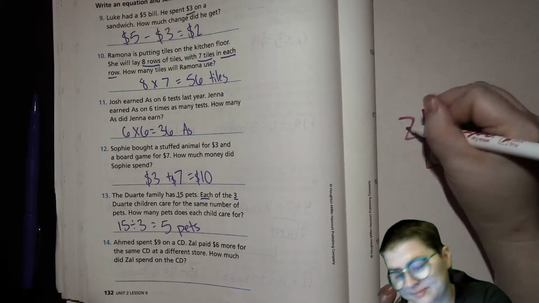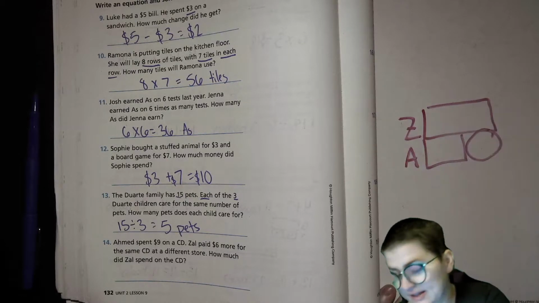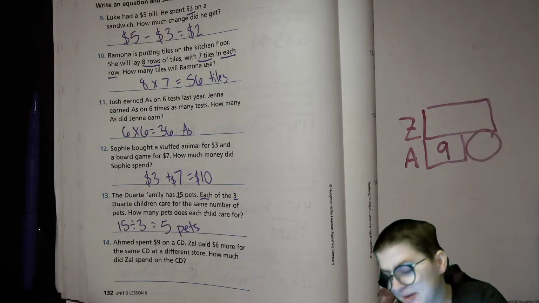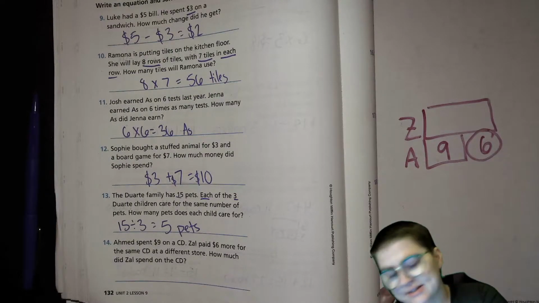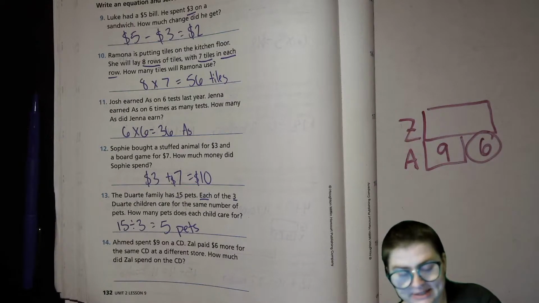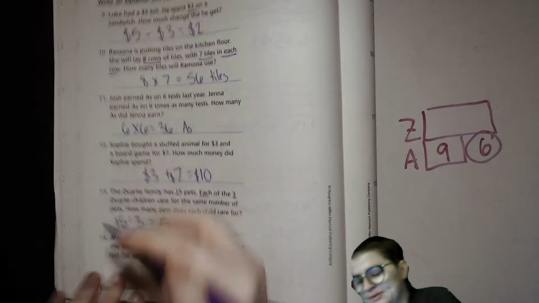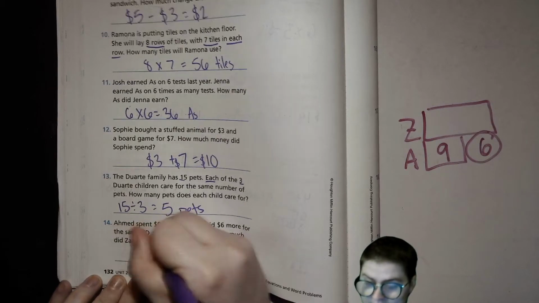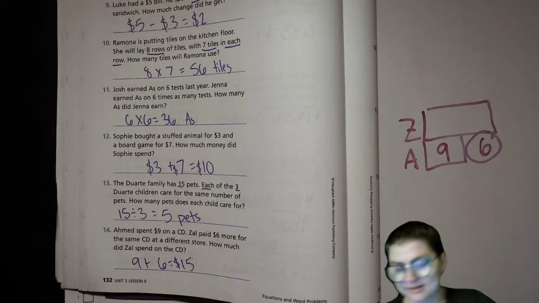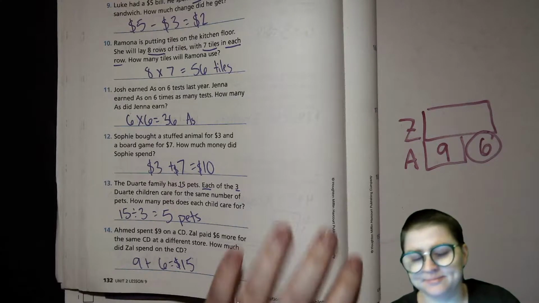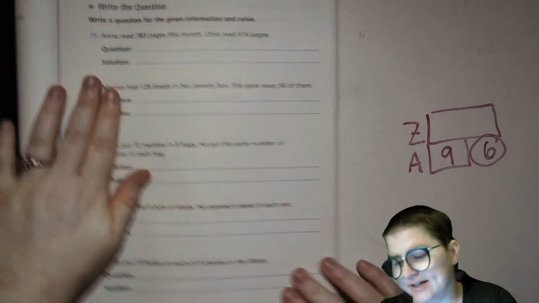Zal spent more. Ahmed spent less. We know Ahmed spent 9. We know the difference was 6. So to find what Zal spent, we're going to have to add those up. So 9 plus 6. What is 9 plus 6? It's $15. That's a bummer. He didn't get a good deal. All right, coming on over to the next side. Here we go.